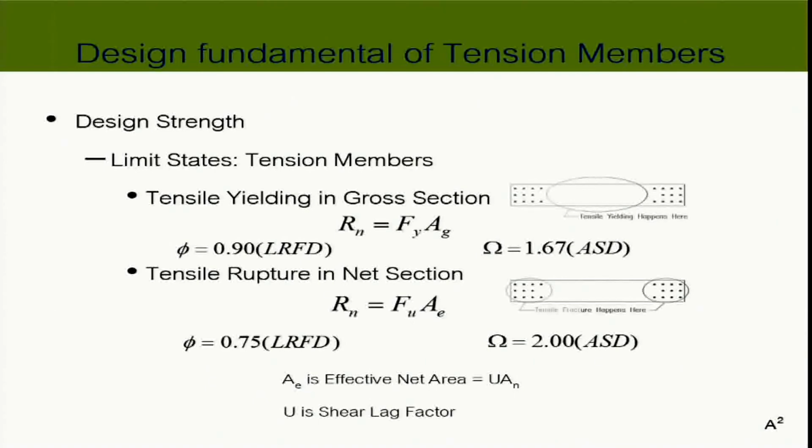So this is the calculated strength of your member under tension: the yield strength multiplied by the gross area. If you want to compare this with the load by using the ASD approach, you will divide this nominal strength by a factor of safety and compare it with the service load.